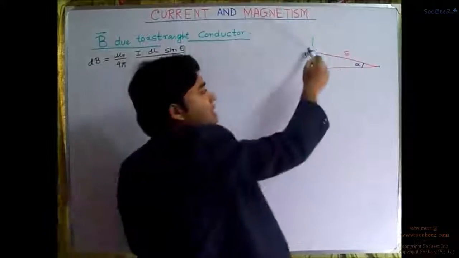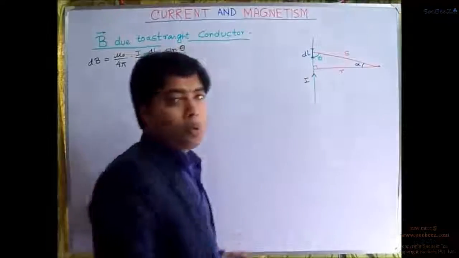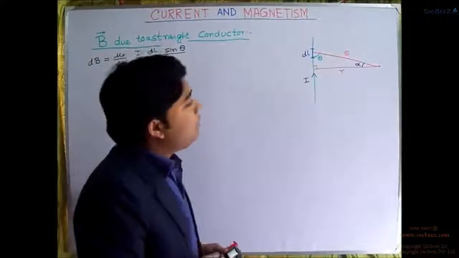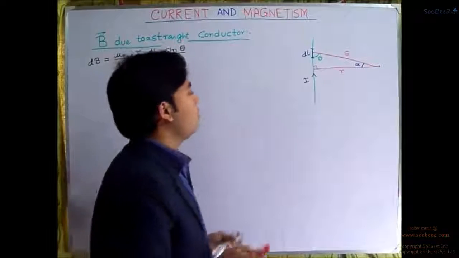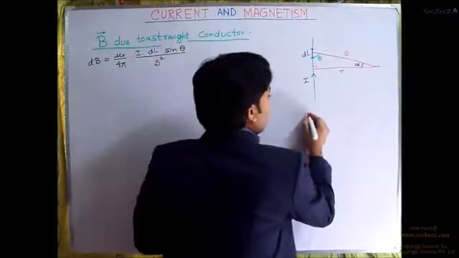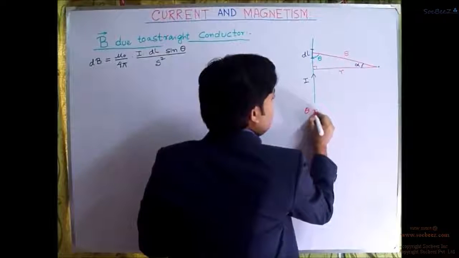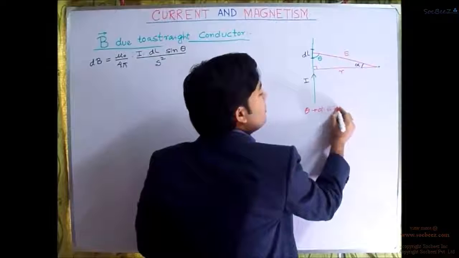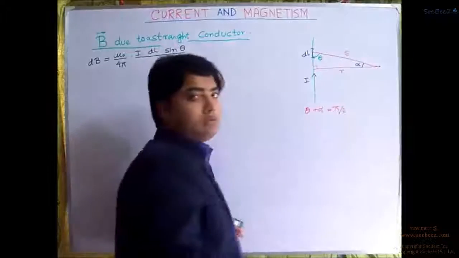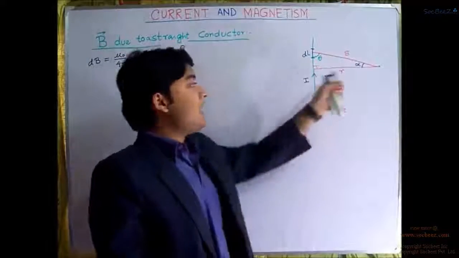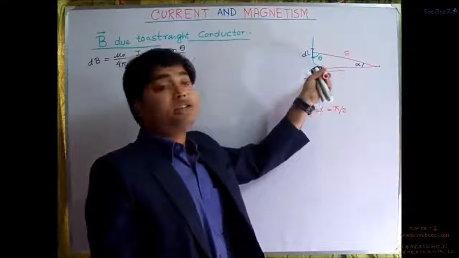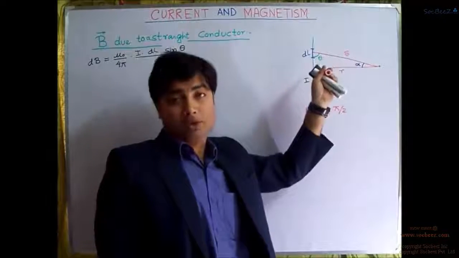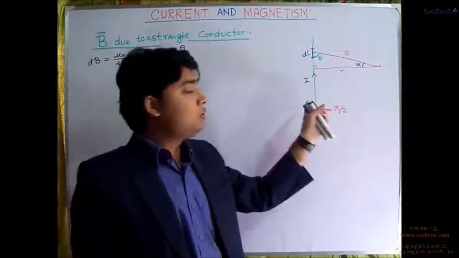Now from this triangle, what we can deduce is that phi plus alpha is equal to pi by 2, because since it is a right angle triangle, this one is 90 degrees, so the other two angles must sum to pi by 2.